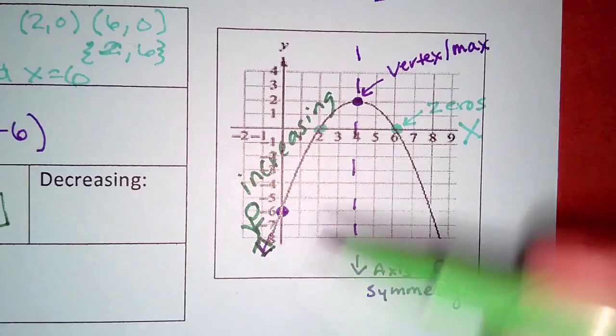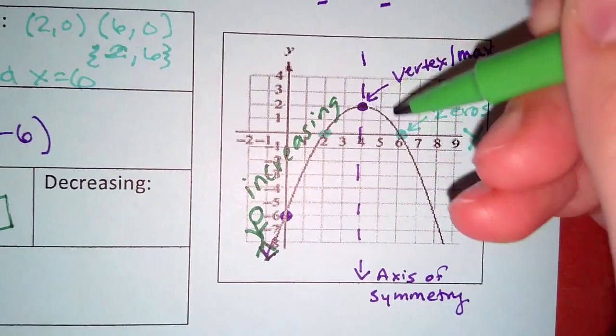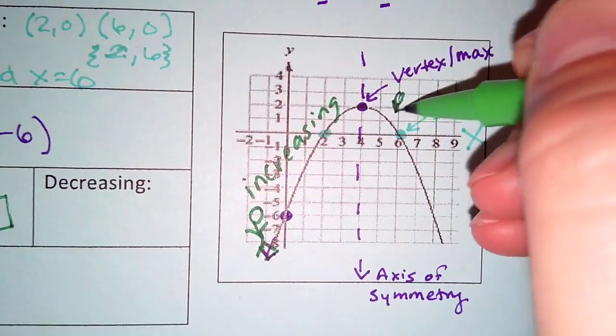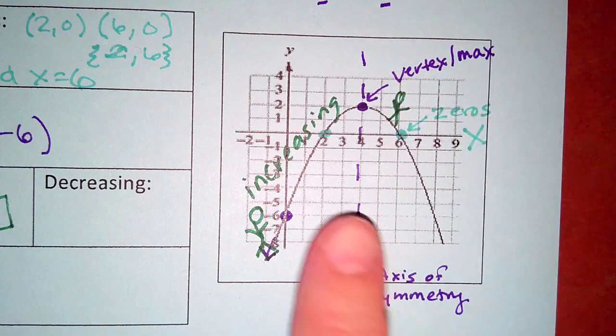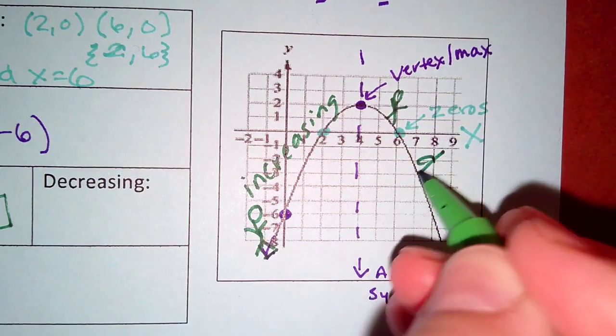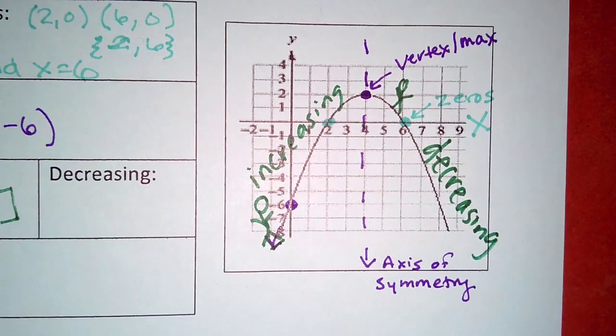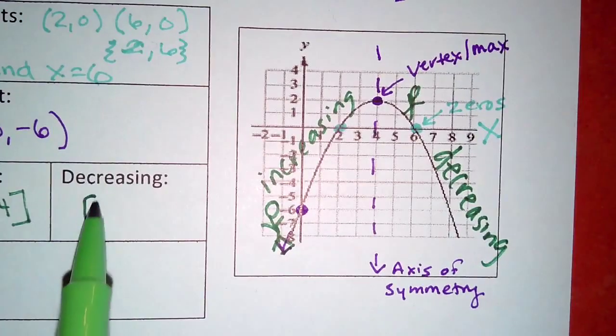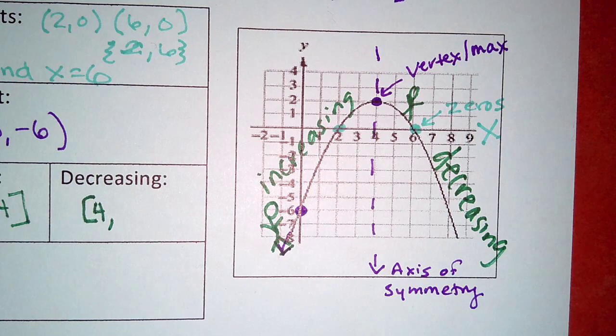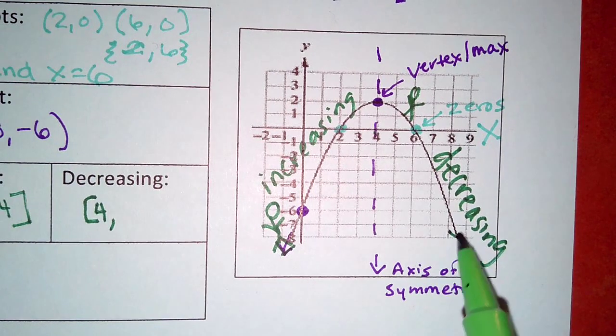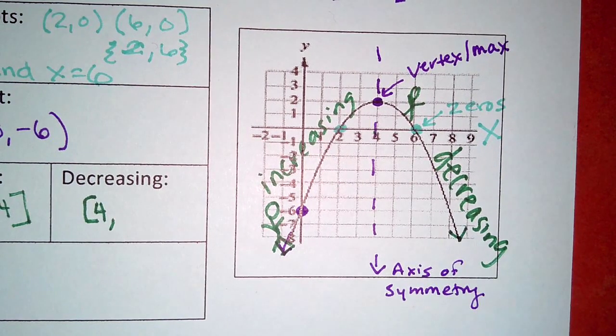Now when he hits the top and he keeps going this way, what's happening to him now? He's decreasing, he's going downhill. So starting at 4, he starts going downhill. If these don't have an arrow on them, we're going to add arrows. He's going to keep going downhill forever.